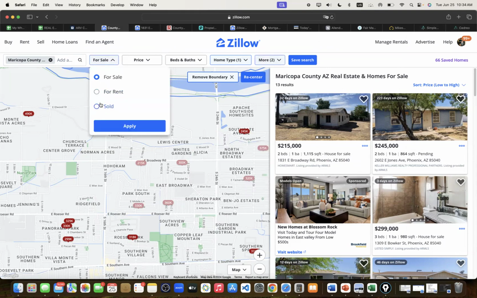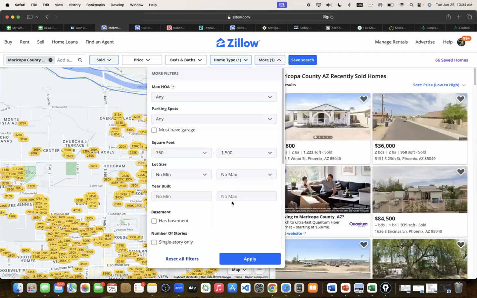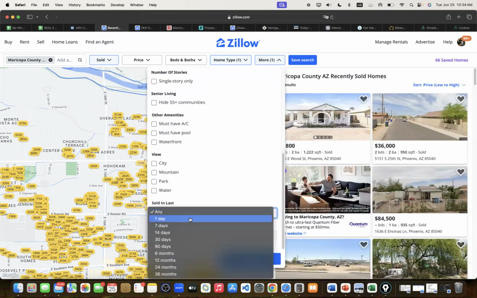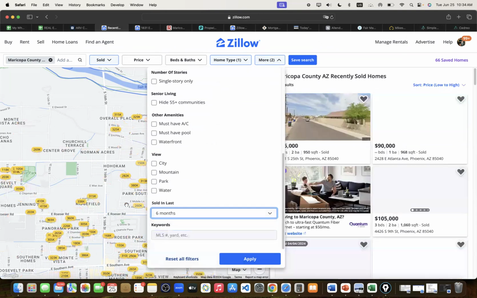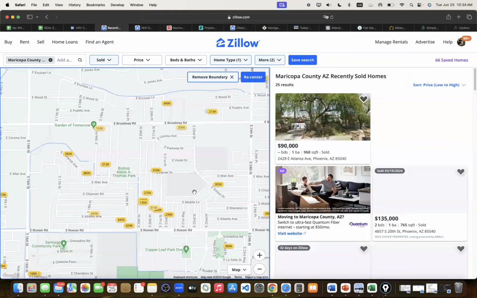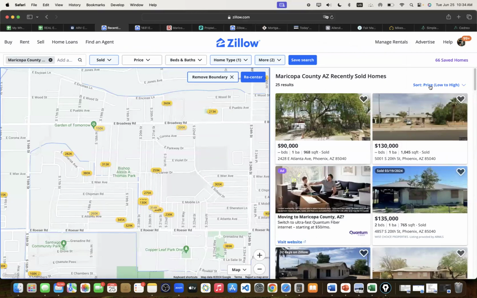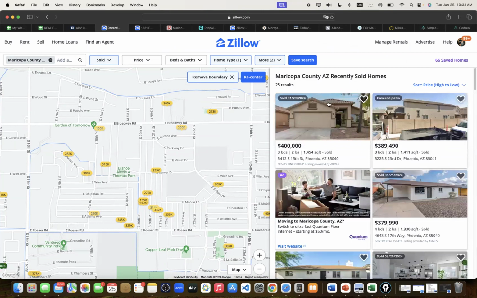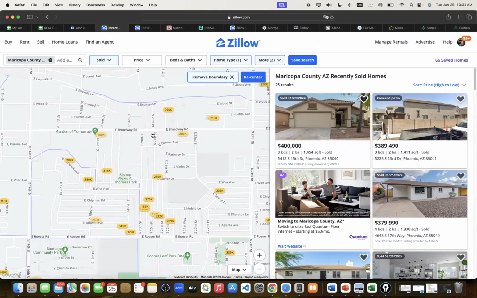So you know what? I'm going to stick with the tradition of what has actually sold in the area. Let me zoom in specifically on our properties over here and go to the highest. This $400,000 one is outside of our neighborhood, so let's move that up.